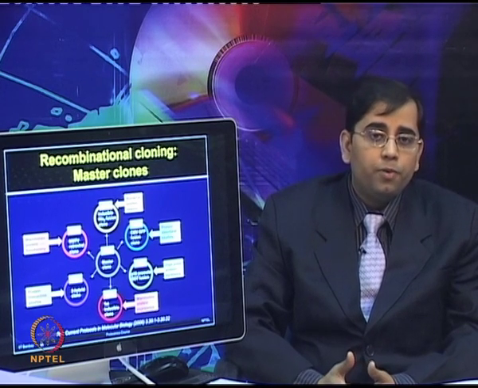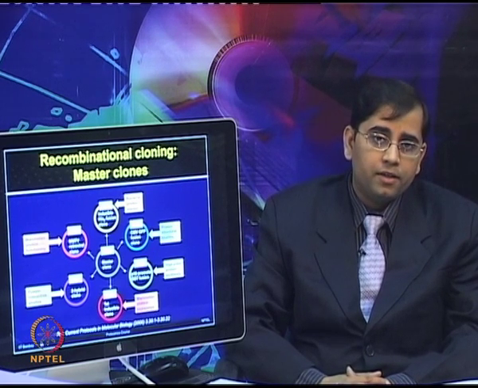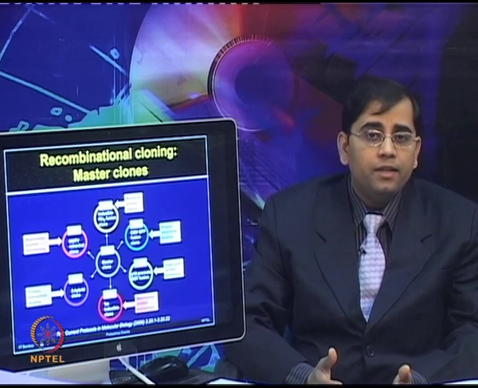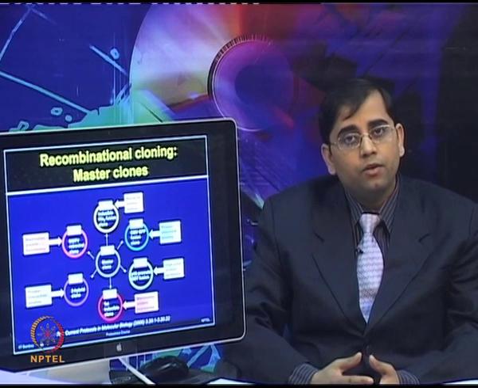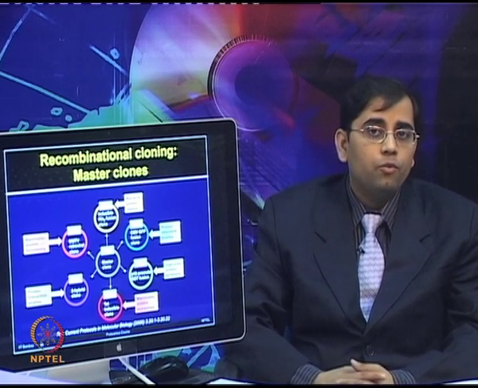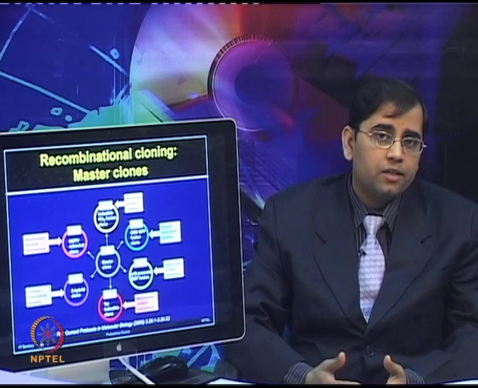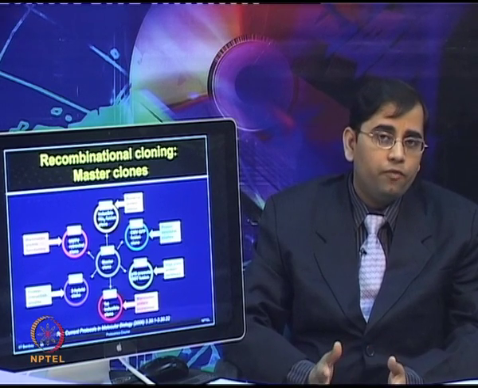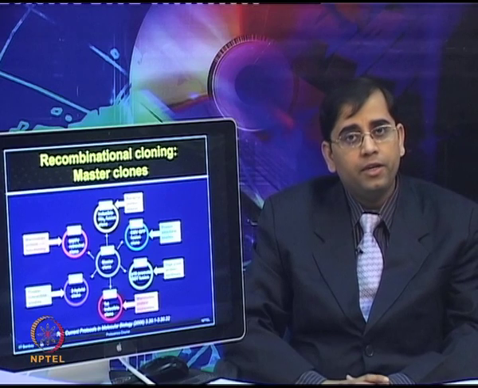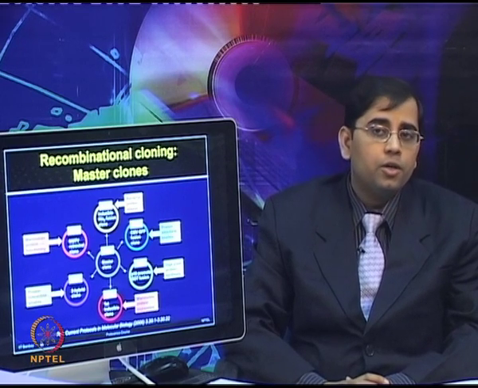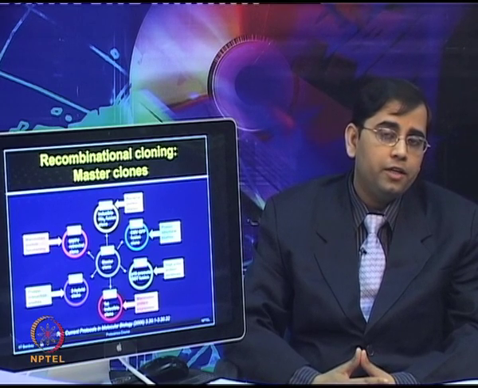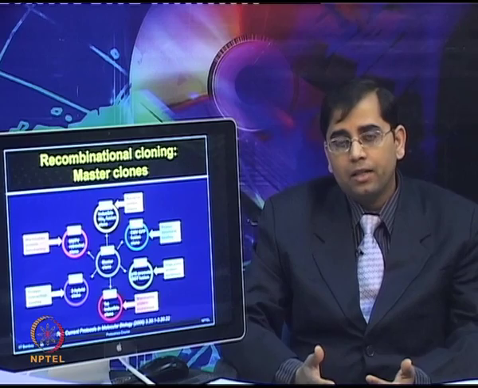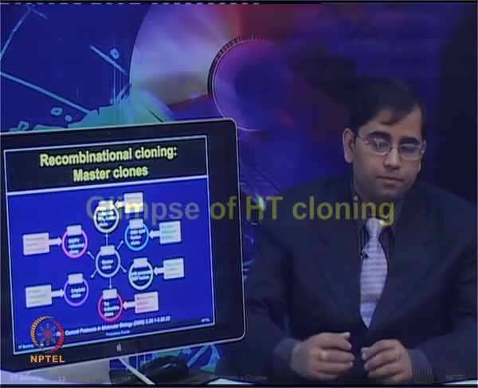If you want to perform mammalian protein functioning, you may want to use this vector to know what other protein this protein interacts with. So, there are various types of vectors which one can make use of. One can transfer the gene of interest from these master clones to a variety of vectors depending upon their applications. So, recombinational cloning in that way gives you flexibility and opportunity to perform multiple experiments once these clones are available.